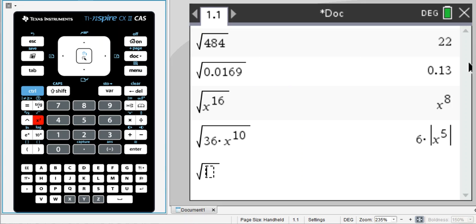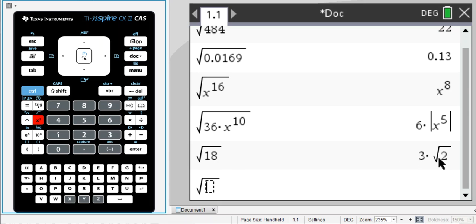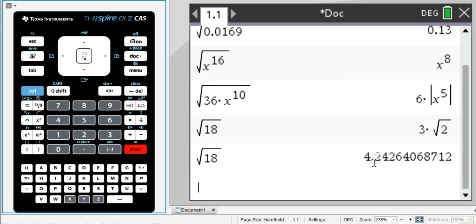Now the square root of 18, if I just press enter on this calculator, it reduces the result, which is okay. We're going to need that for future reference, but for now, I want the decimal value. So I'll just remind you that if you'd like a decimal value off of this calculator, you have to press Control and then enter. That's the only way you'll get your decimal result instead of a precise result.